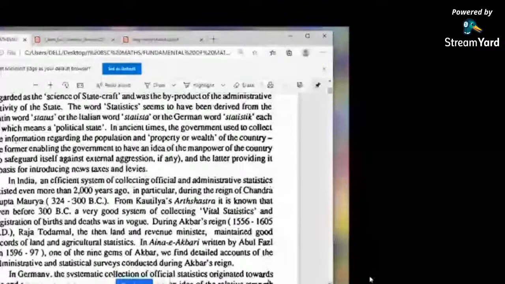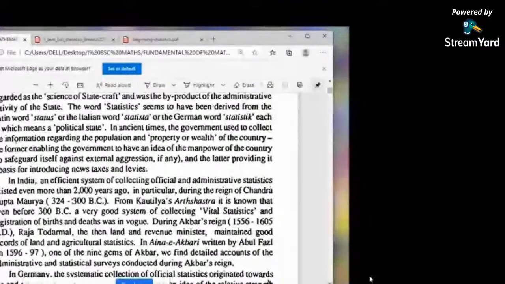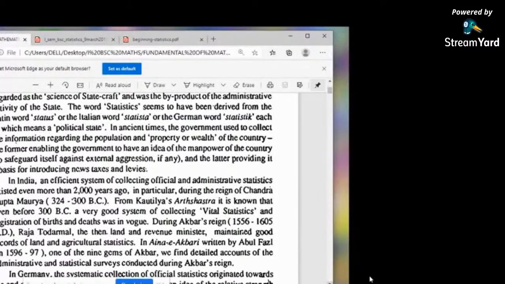Who was the emperor in that region? Chandragupta Maurya. Another source is Kautilya's Arthashastra, known before 300 BC. It had a very good system of collecting vital statistics, and the registration of births and deaths was in vogue. So at that time itself, the registration or data collection started.